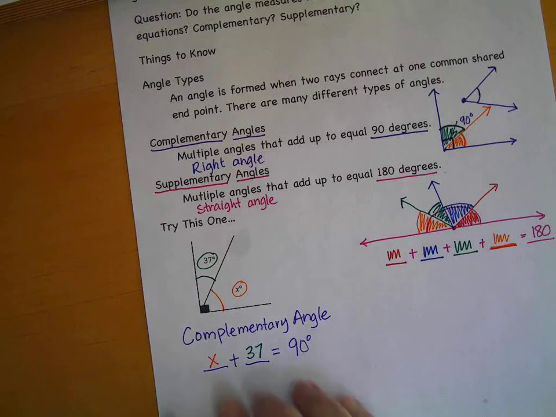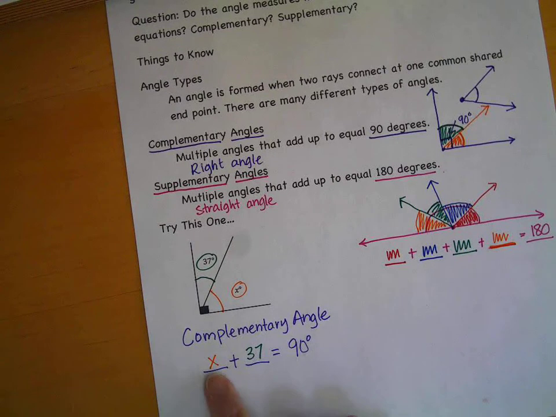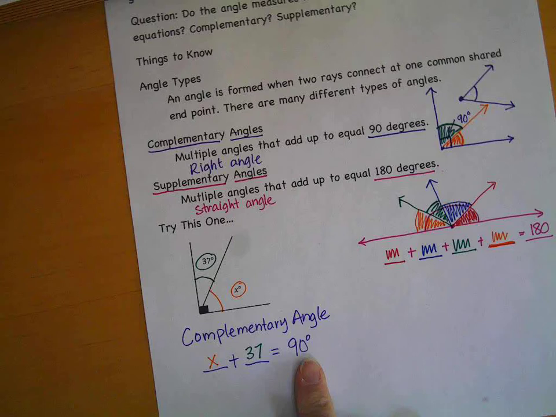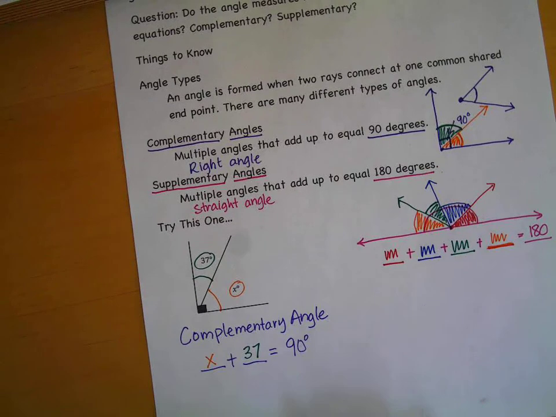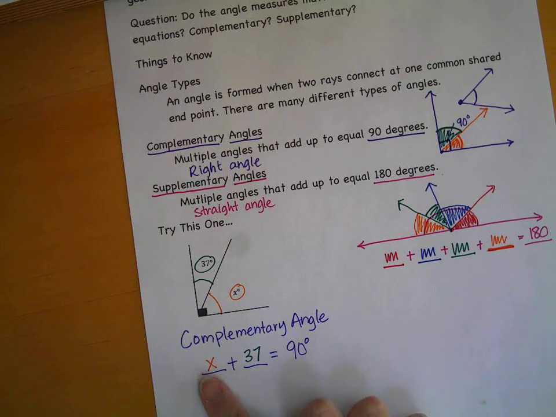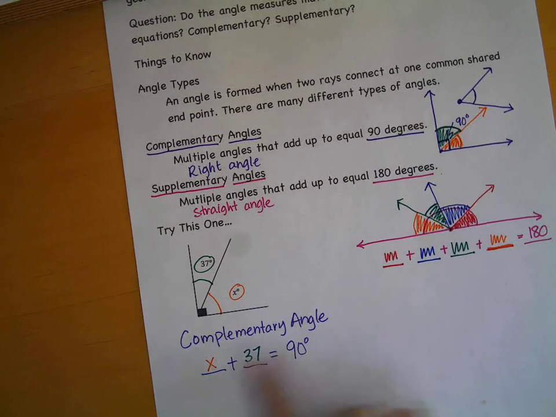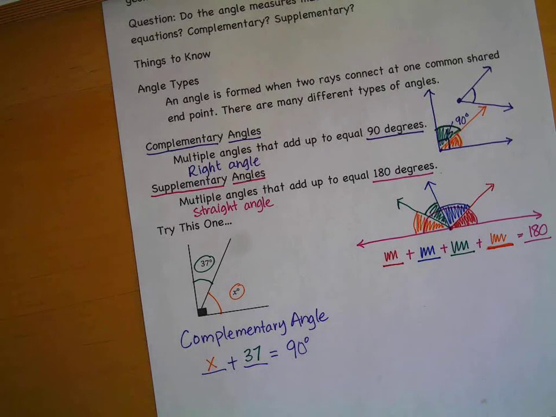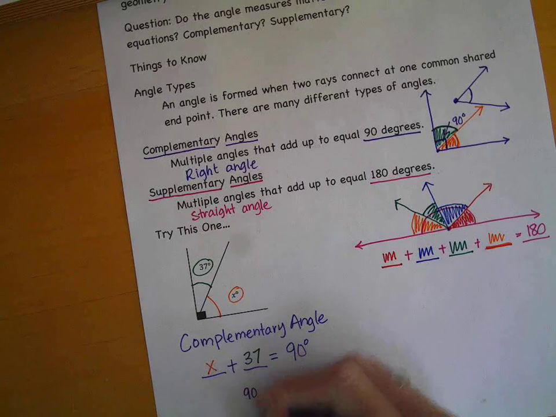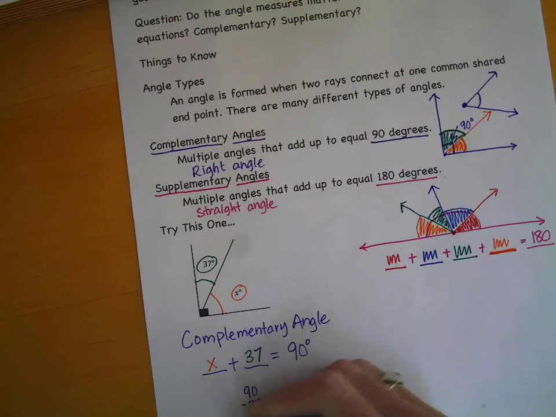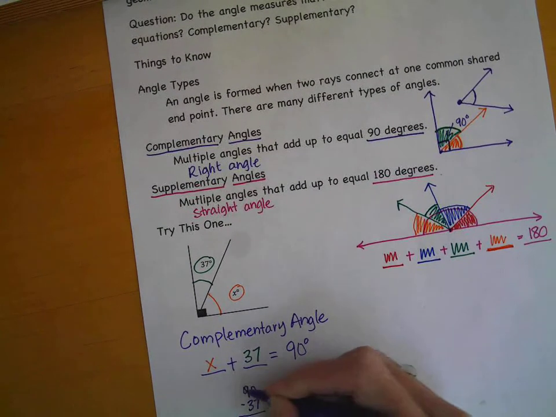And now you know how to solve these, because all you have to ask yourself is, what number plus 37 equals 90? And if we don't know how to do that, then we just have to work backwards. I don't know exactly what that would be, but I know that 90 minus 37 will give me x.